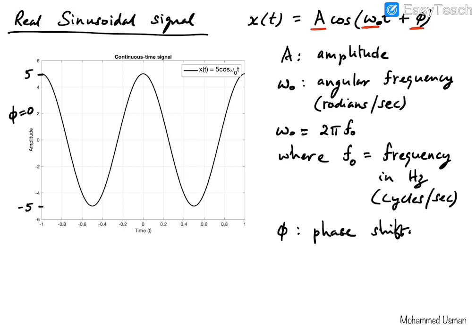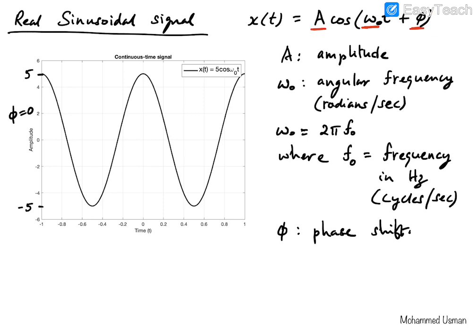So now we have these three parameters which are used to represent a real sinusoidal signal: the amplitude A, the frequency omega naught, and the phase phi.